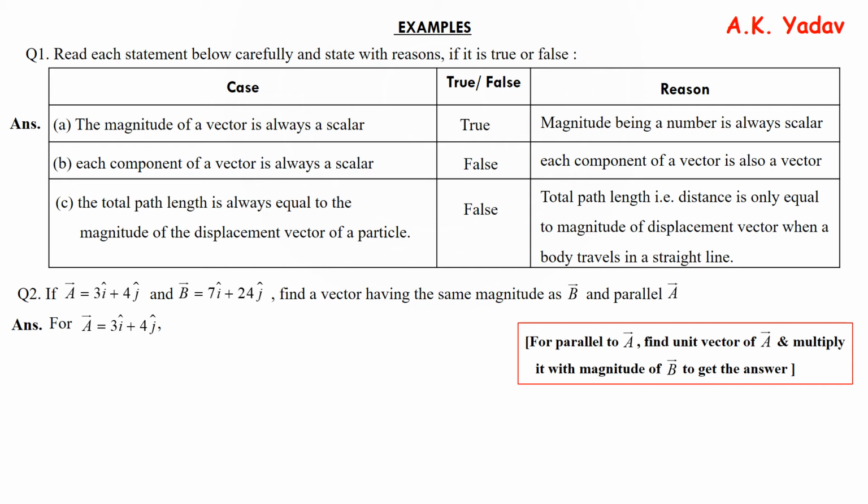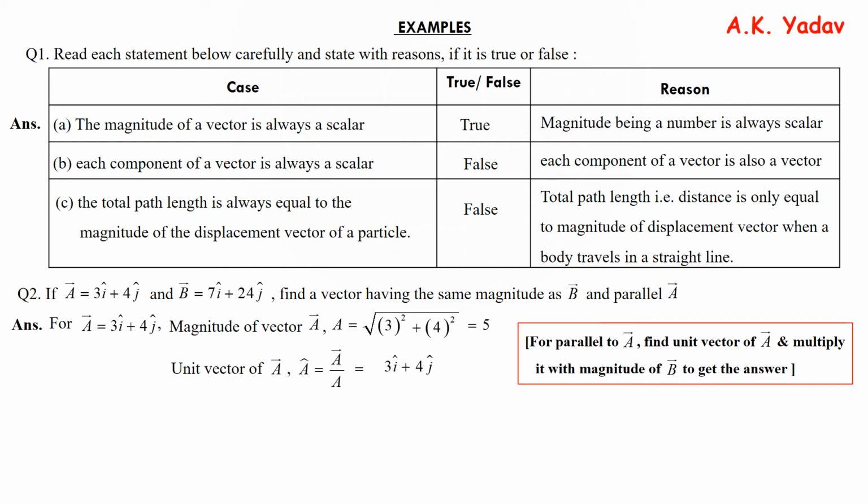Vector A is 3 i cap plus 4 j cap. Its magnitude A is equal to under root of 3 square plus 4 square, that is under root 25, which gives 5. The unit vector of A, A cap, is equal to vector A divided by its magnitude, which is 3 i cap plus 4 j cap upon 5.